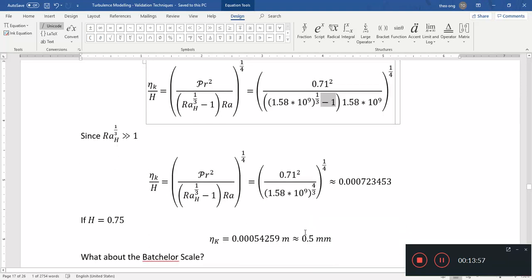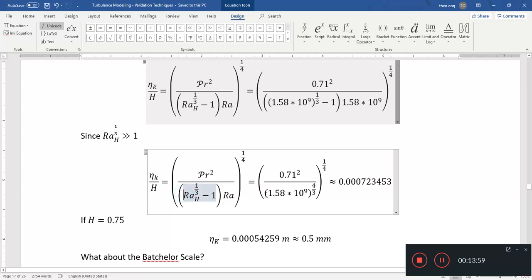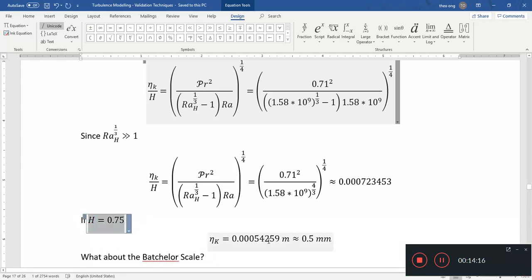So I'll just combine these together to get the Rayleigh number to the 4 over 3rd power. It's the Rayleigh number cube root times the Rayleigh number. Then the Kolmogorov scale ratio becomes 0.0007 times H, and if H equals 0.75, we have the Kolmogorov scale being about 0.5 millimeters.